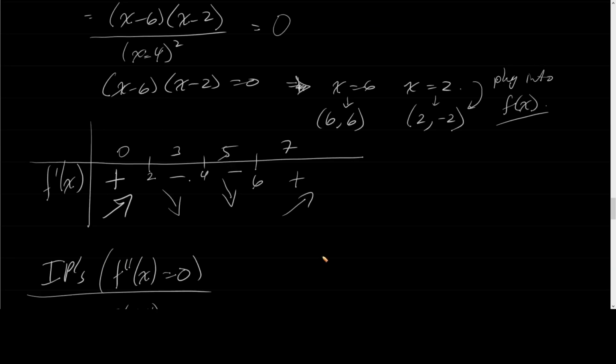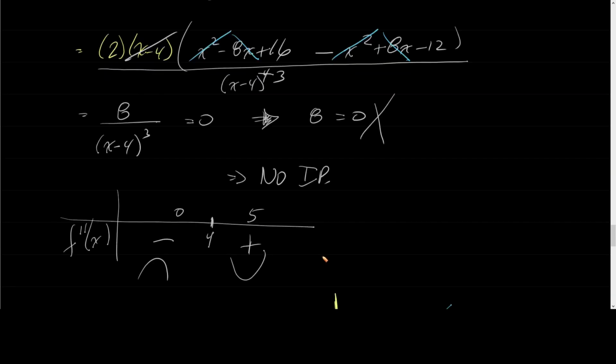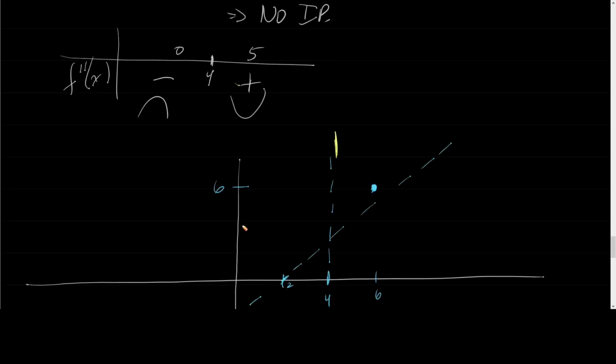Next piece. From 4 to 6, decreasing above 4, positive concavity. So decreasing with positive concavity, it'll look something like this. I'll expand my graph a little bit. So that's decreasing with a positive concavity.